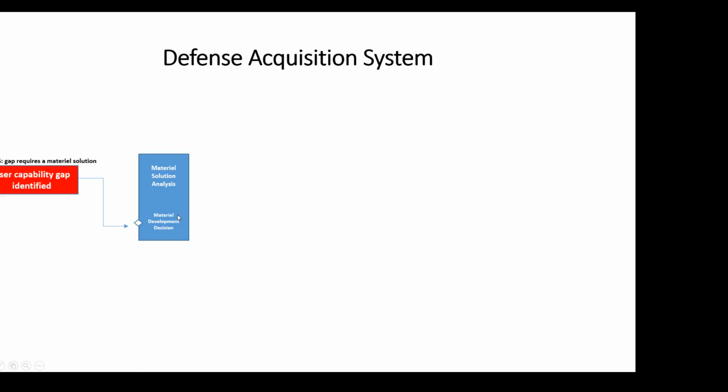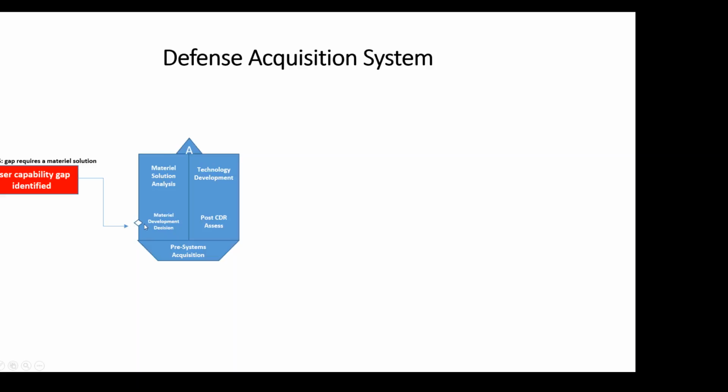And then they go into the material development decision. They want to know, okay, what's the plan? They have to go into the planning phase before you actually start going through the research problems. So material solution analysis, you have milestone A. It goes from here, material development decision.